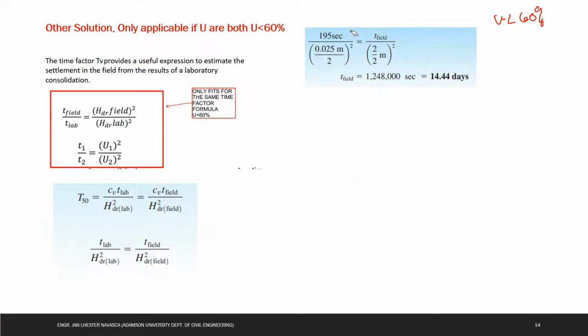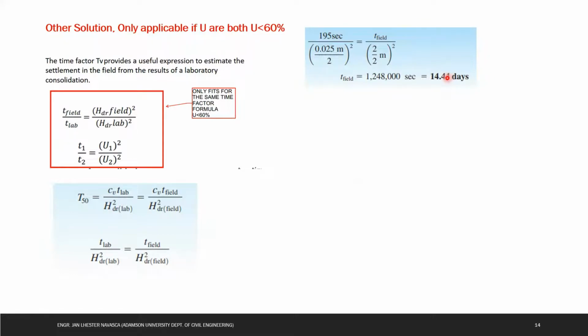Given that expression, just plug in the data from the laboratory: that is 195 seconds over the height of drainage in the laboratory, which is also equal to the time in the field over the height of drainage in the field. You also get 14.44 days.